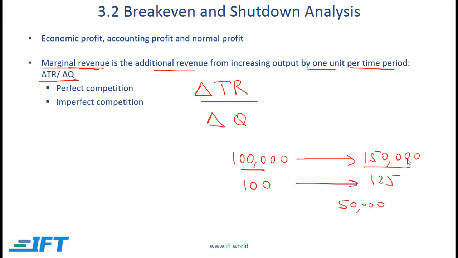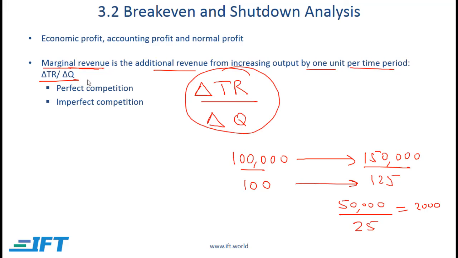So that's 150,000 minus 100,000 divided by the change in quantity, which is 25. So we can say that our marginal revenue here is 2,000. Now this is a formula that you need to remember. Marginal revenue is the change in total revenue divided by change in quantity.